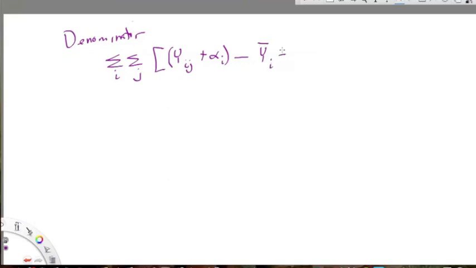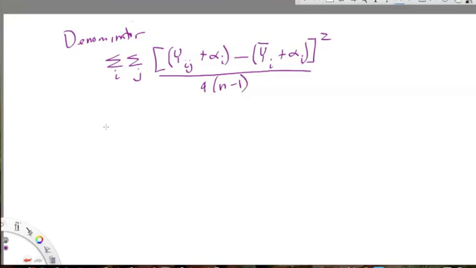And obviously the average effect of being a member of group i is added into that average as well, right? And then all of that is squared, all over a times n minus 1.